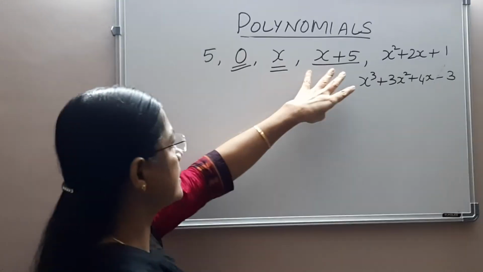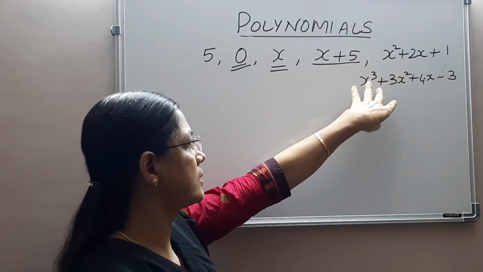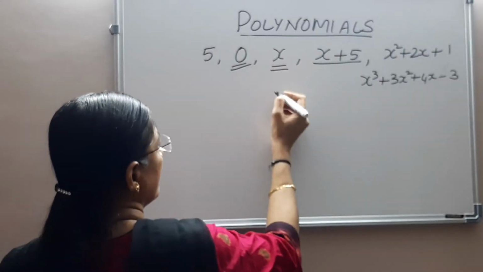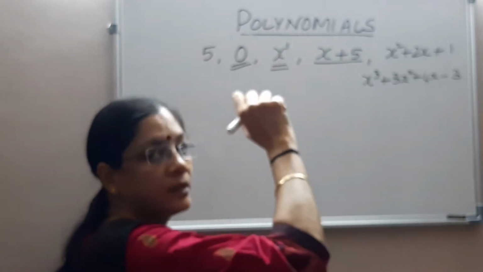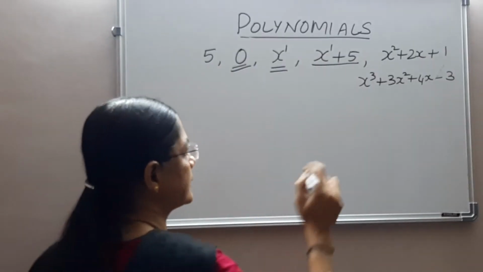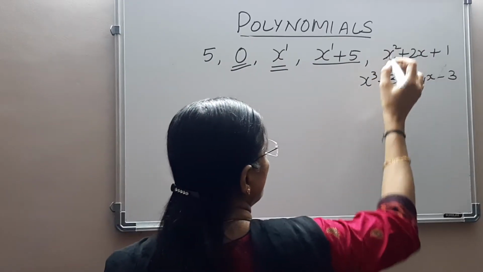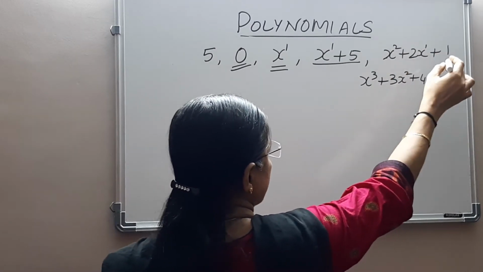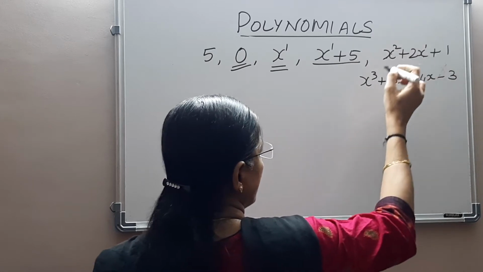just observe this: x plus y, x squared plus 2x, x cube, 3x squared, and so on. See, how many x are there here? There is only one x, that is x to the power 1. It means only one x. Here x power 2 means x into x. And here x power 1. In the single expression we have x power 2 and x power 1 also.